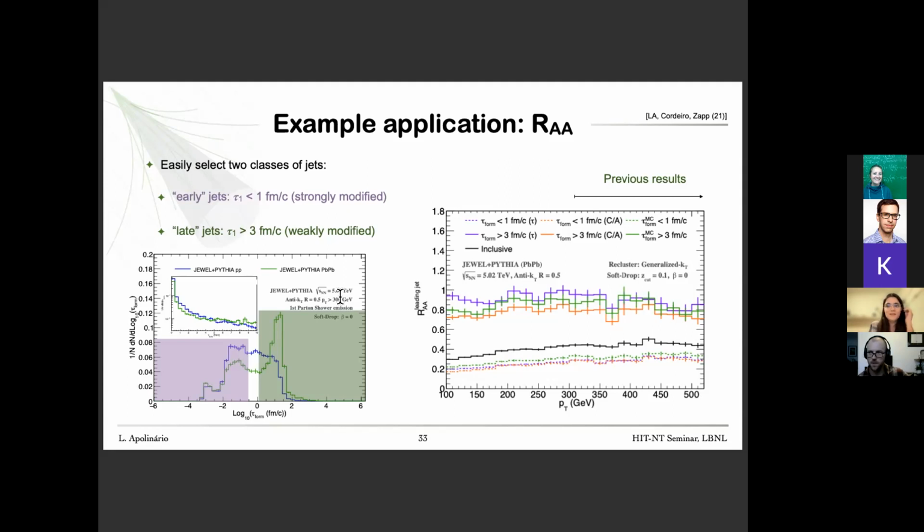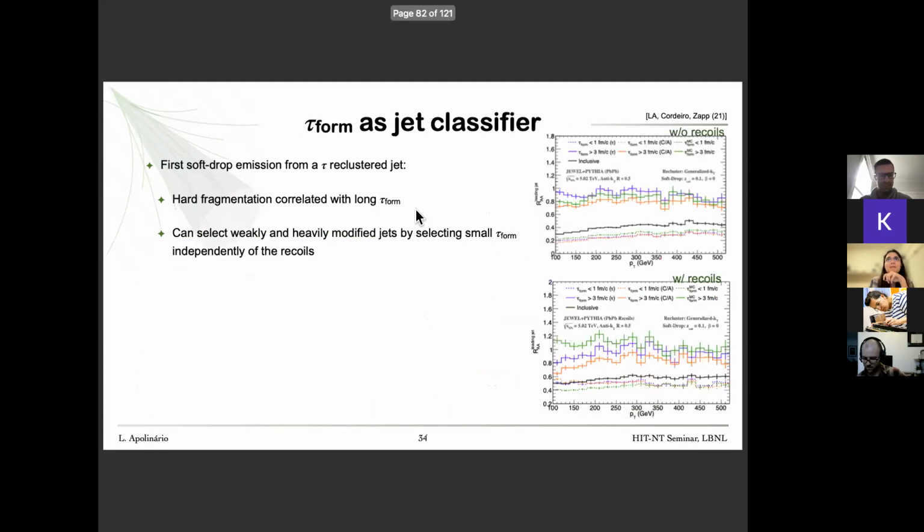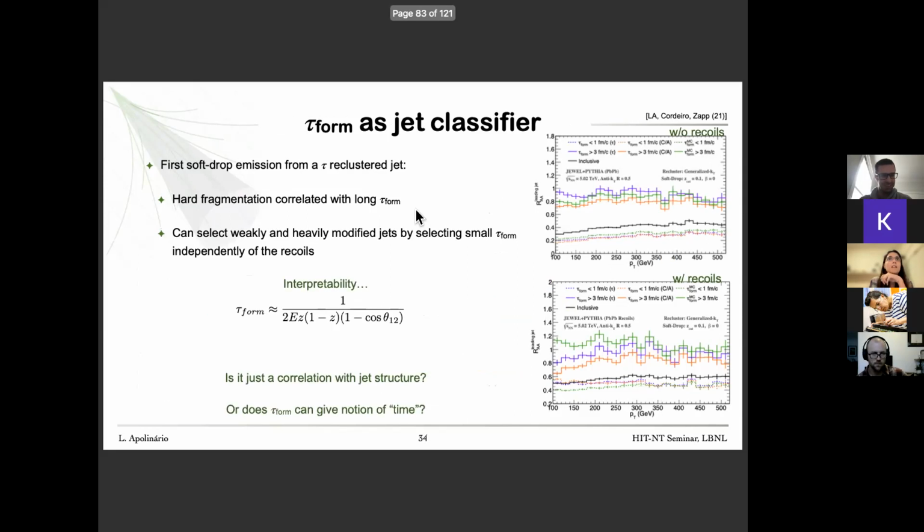Great. So James had a question next. Hey Liliana, thanks for the very nice talk. I had a question actually on your next slide, 34. And I think you had some question that came up. I thought this was a very nicely phrased question: how should we think about this formation time?